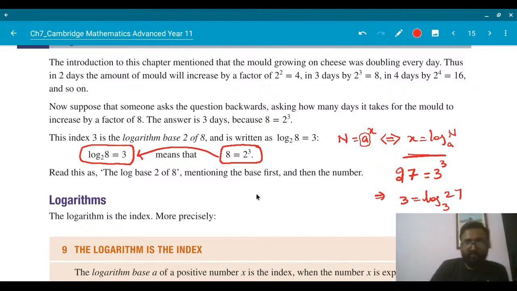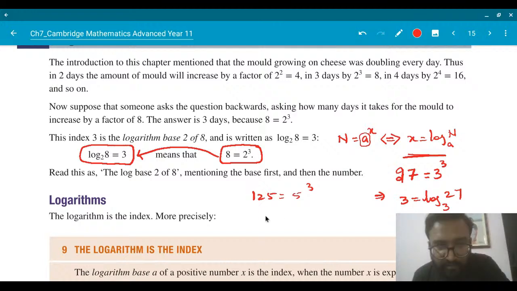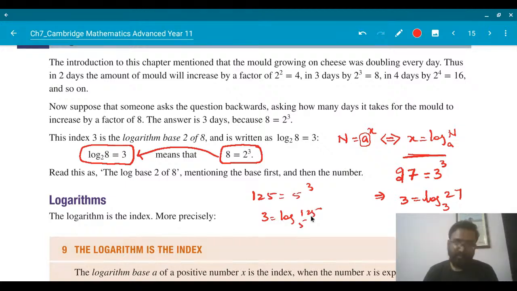For example, 125 is equal to 5 cube. What happens? It is 3 is equal to log 125 base 5. Is it clear? You have to understand this. Mainly this is the equation.